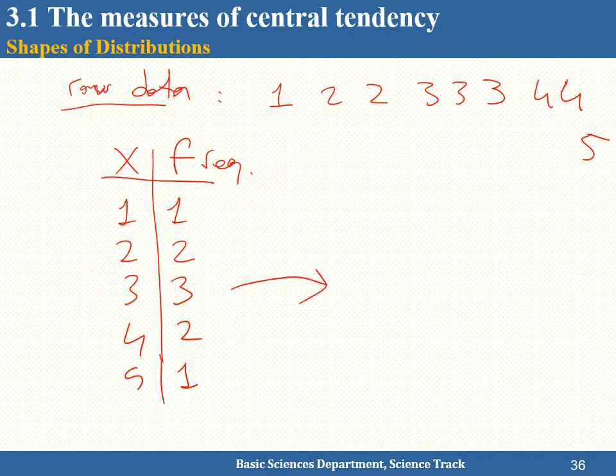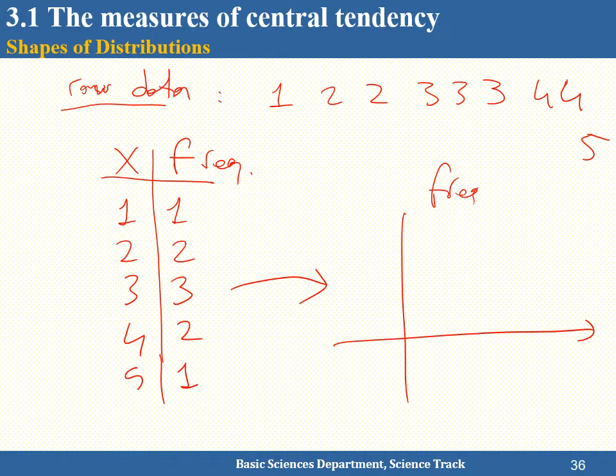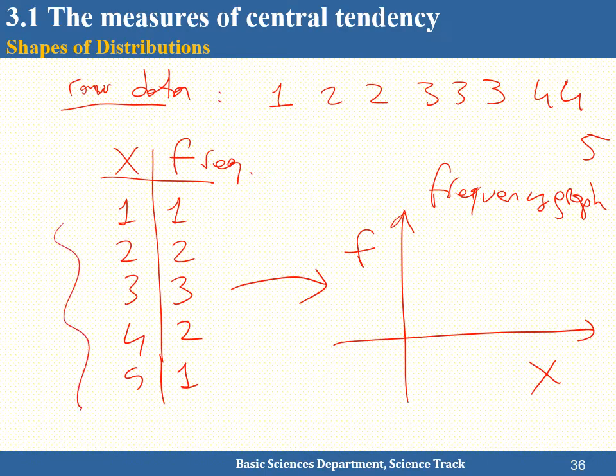And then we do frequency graphs. We learned how to do them: you put the x's here, you put the frequencies here, and this might also be a histogram if it's the classes here.